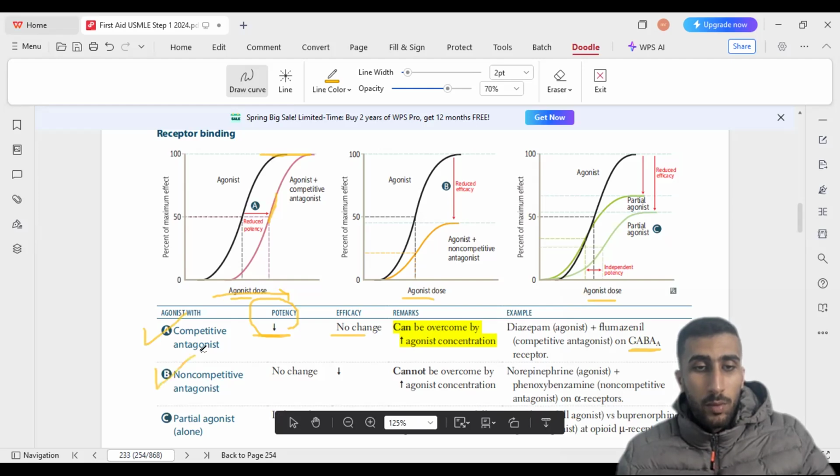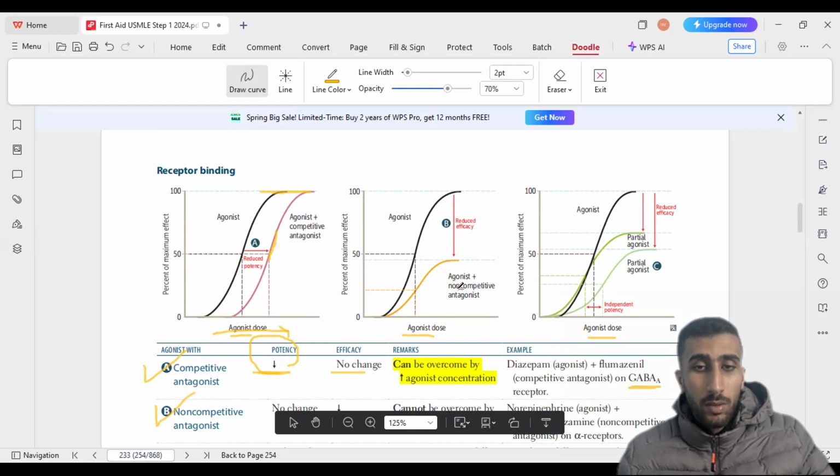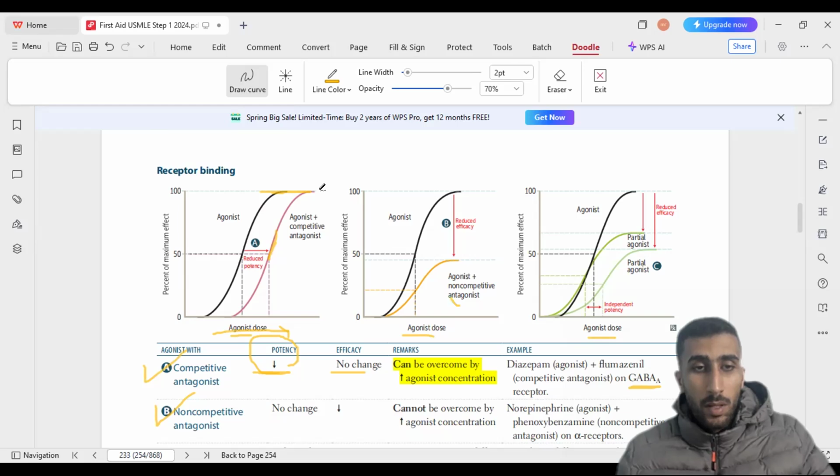Next is the non-competitive antagonist. What is different from the competitive antagonist? Unlike this line, which reaches the maximum efficacy, the agonist plus non-competitive antagonist will not reach the maximum effect. Watch out for this orange line.